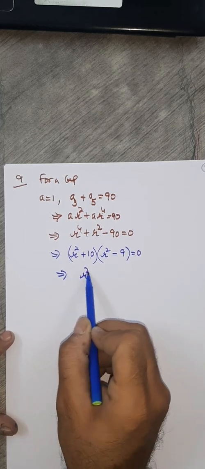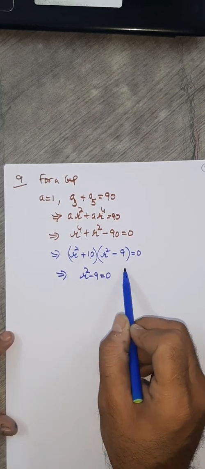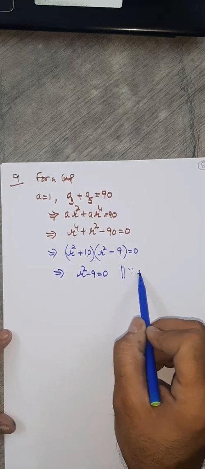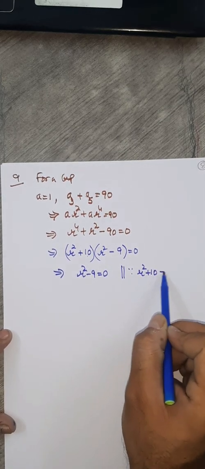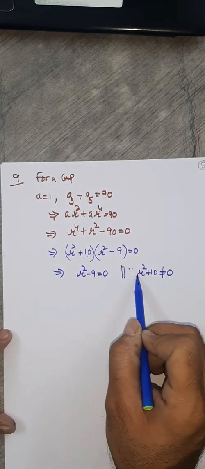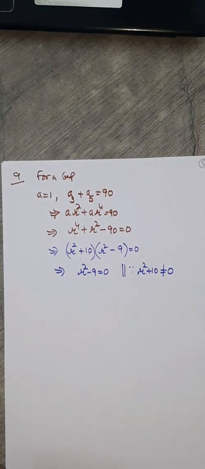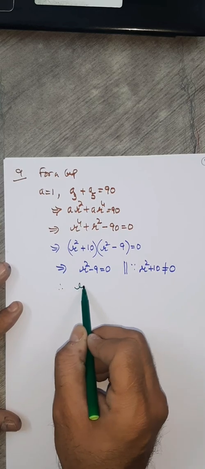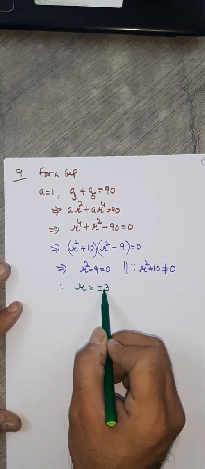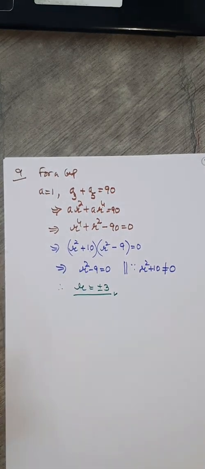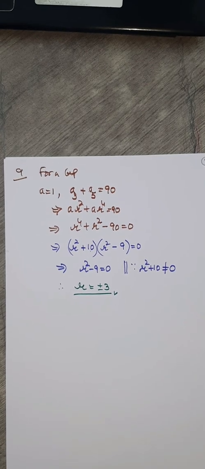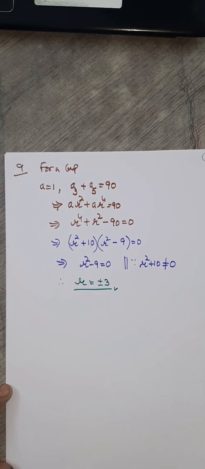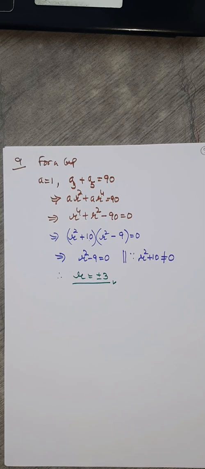So therefore r square minus 9 must be 0, and therefore r has to be plus or minus 3. And that's what you want. Common ratio is plus or minus 3 here.